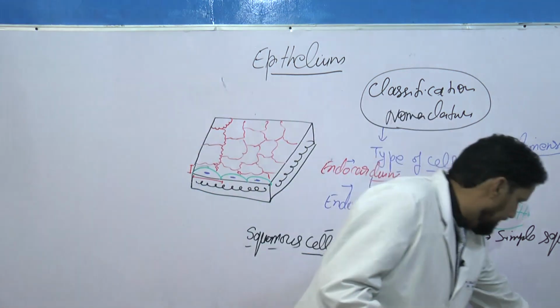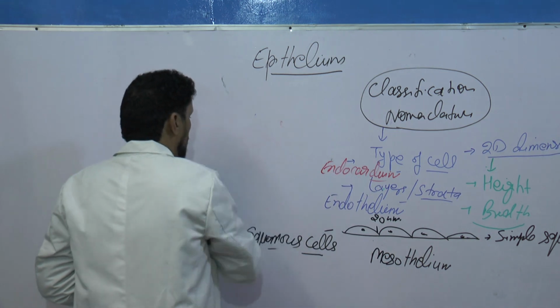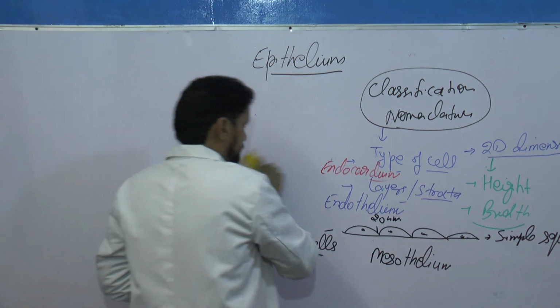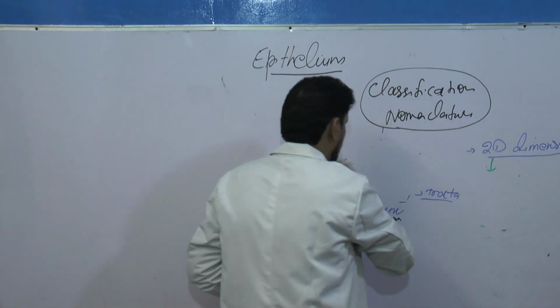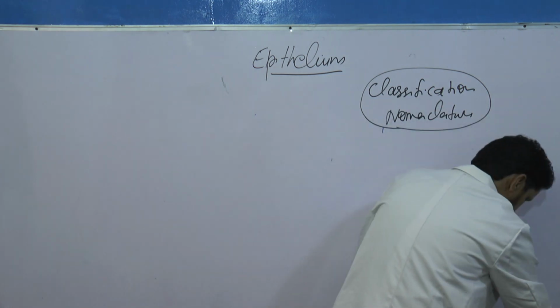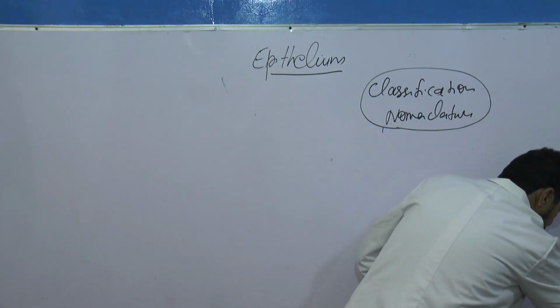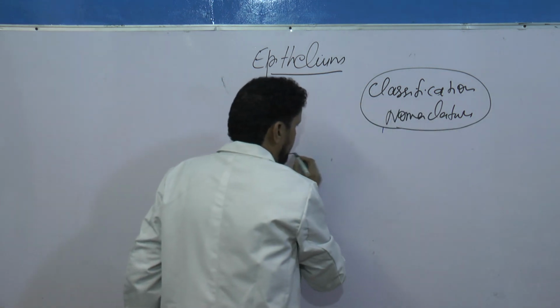When the height and breadth of the cell are almost the same, this type of epithelium I will draw here.